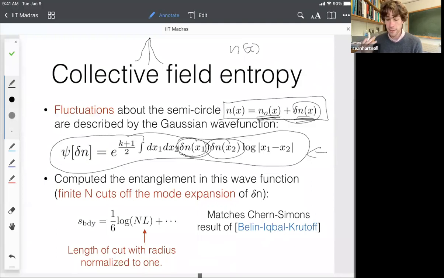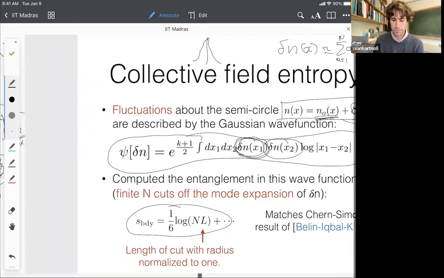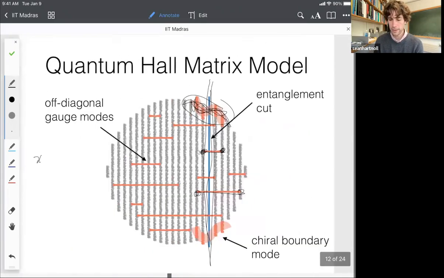It turns out that it's there: when you do a Fourier expansion of these fluctuations, it's truncated at n. That's just a known thing. And so the entanglement entropy gets cut off. And so we got this answer very similar to the previous log, where L is the length of this cut. L is the length of this blue line.